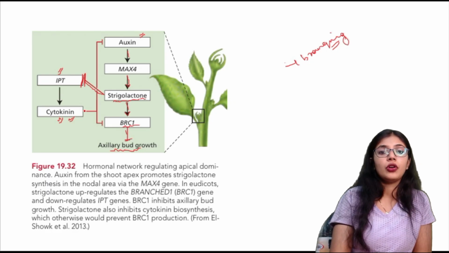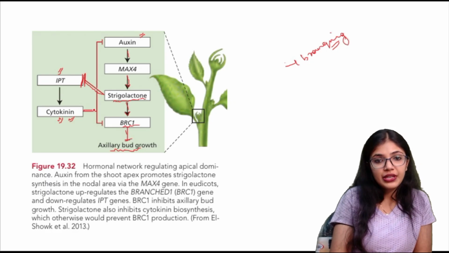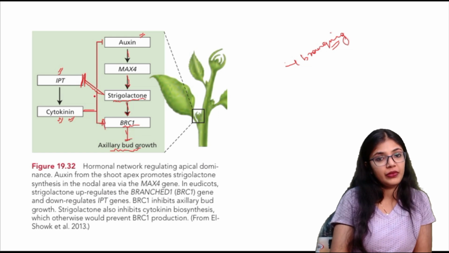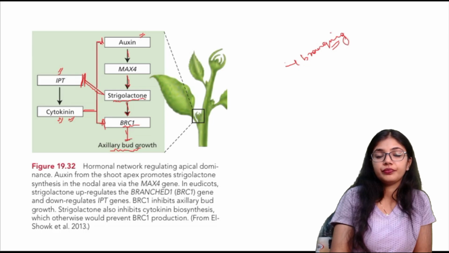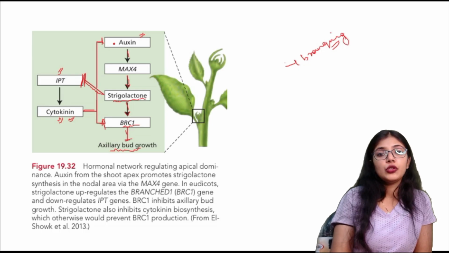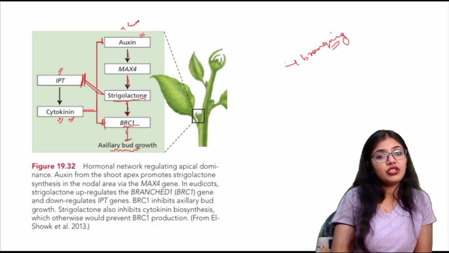Now the cytokinin helps in inhibiting BRC1 as well as auxin. Auxin was also responsible for inhibiting branching or shoot formation, and it was helping in rooting. So by inhibiting auxin, cytokinin helps in shoot formation.